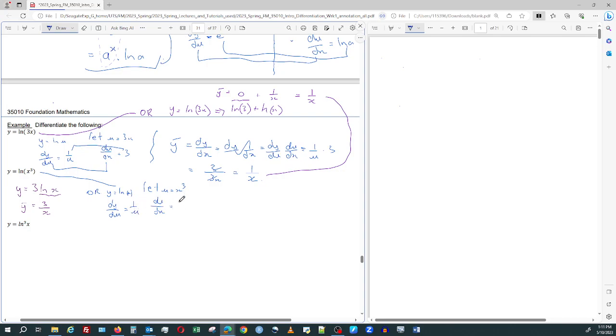The du/dx of this is 3x squared. Put the chain together, and so y dash is equal to 3x squared over x cubed. And you can clearly see that's 3 over x, which is the same value. Okay, now going the long way, it's the same answer. So either way is fine.